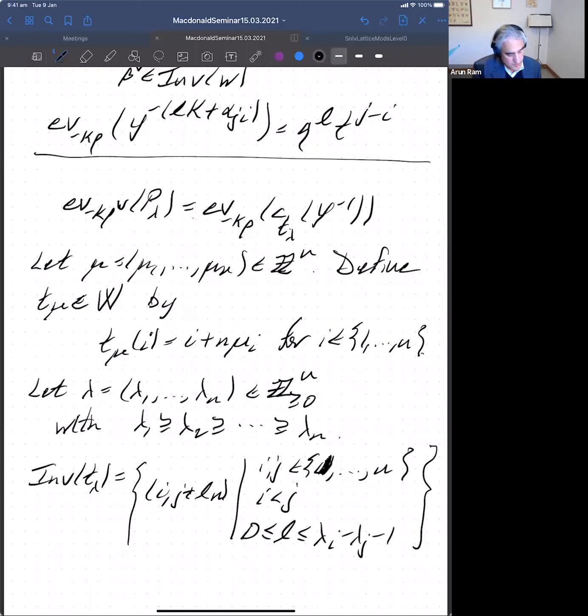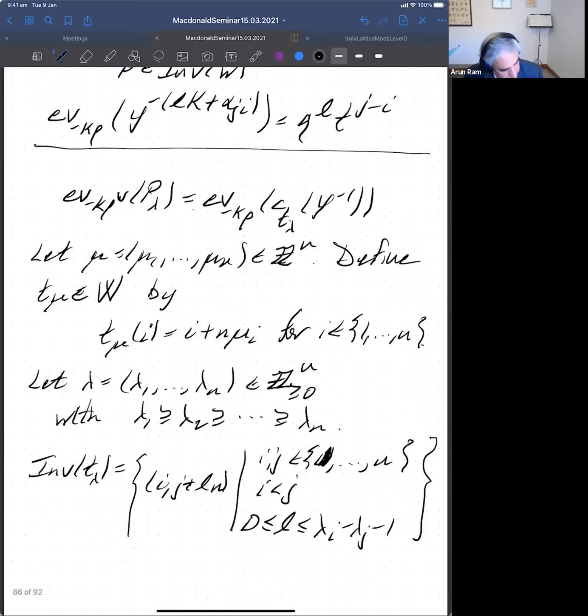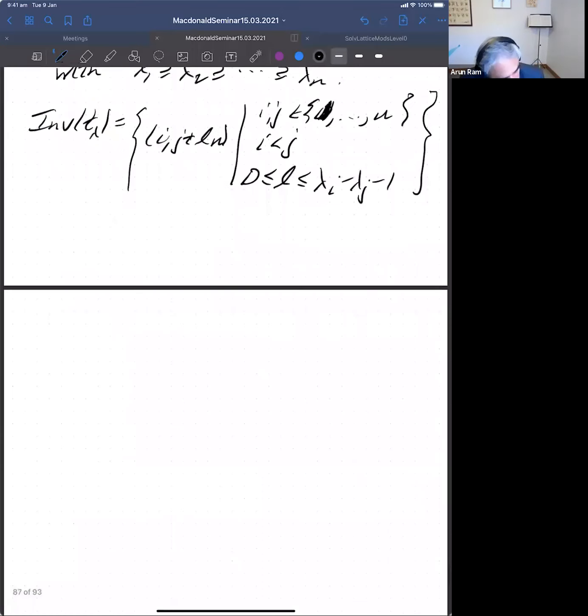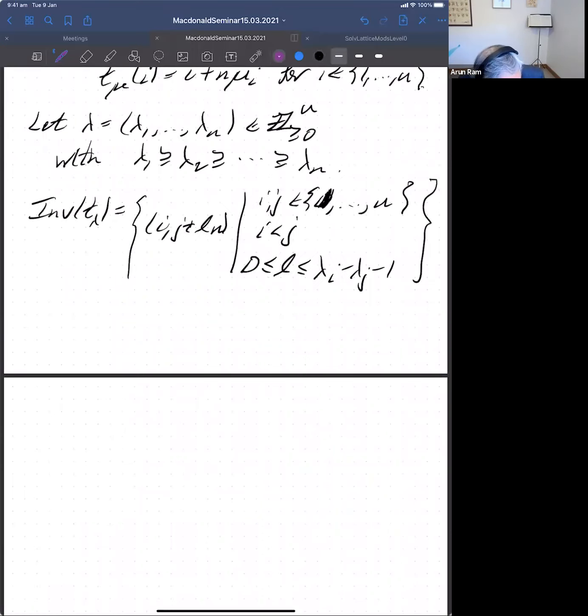Okay, so let's do the example so we can see. So here's an example: lambda equal to 5, 4, 4, 3, 2.